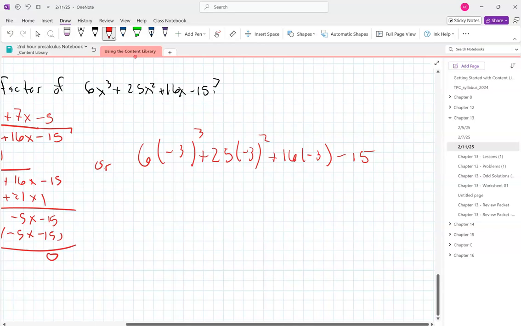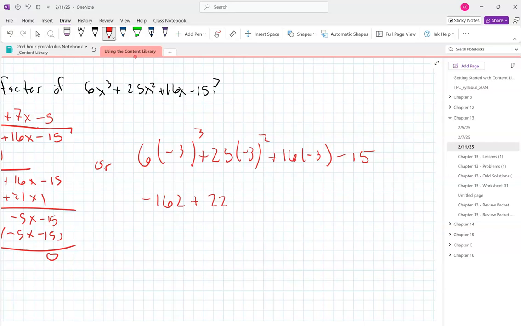So I'm going to have negative 27 times 6. It's going to be negative 162 plus 9 times 25.